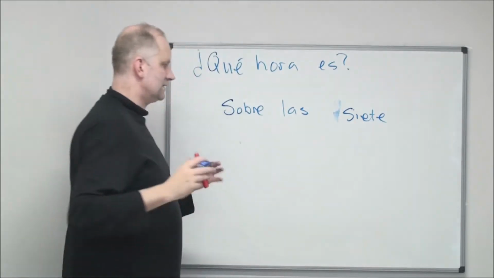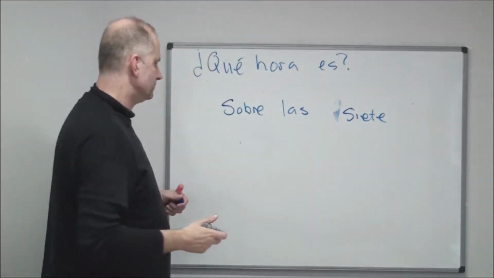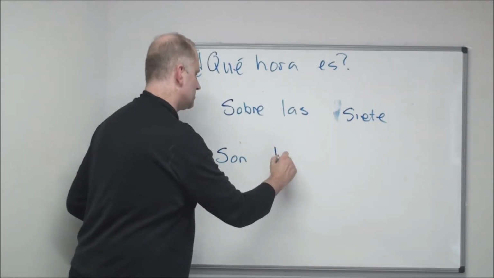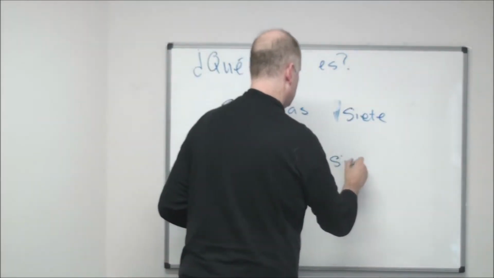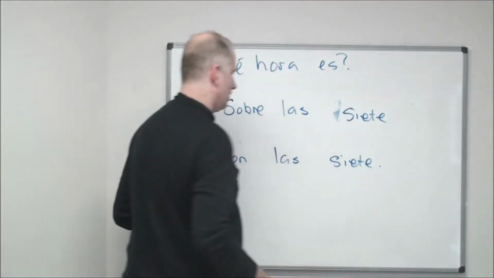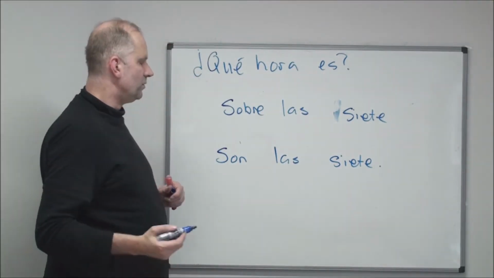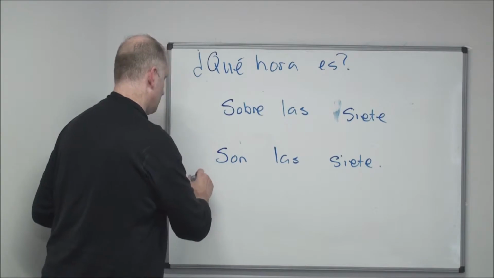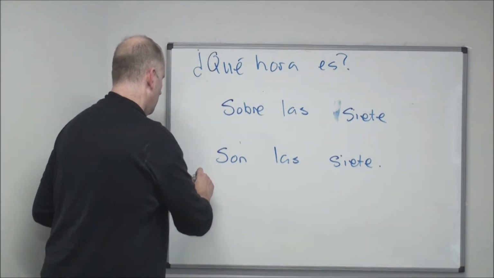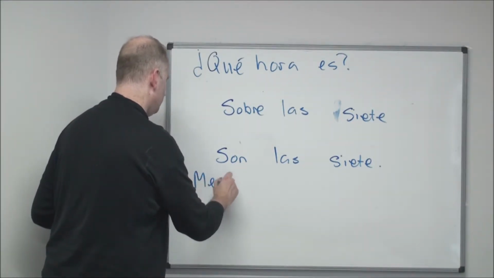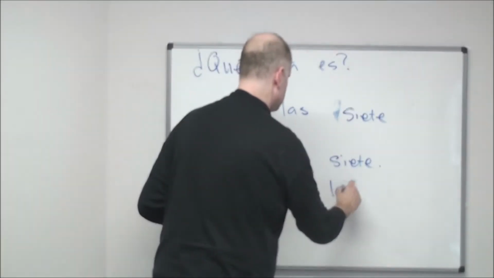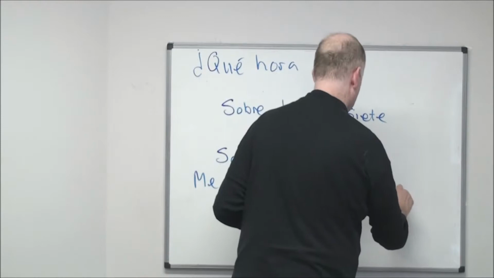So if you want to say exactly what time it is, you say son las 7. It is 7 o'clock. But if you want to say what time you do something at, you can say me levanto, I get up, me levanto a las 7.